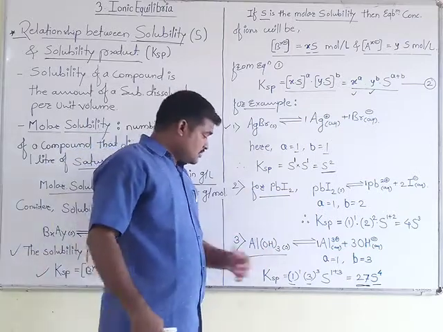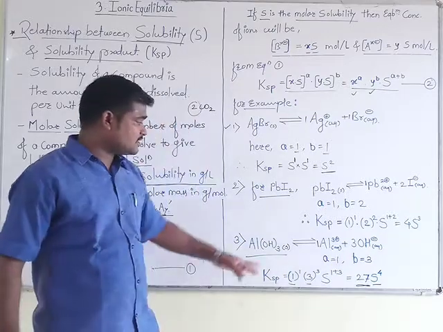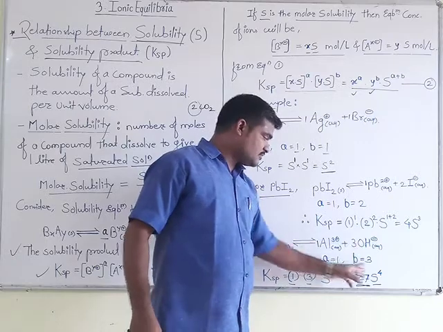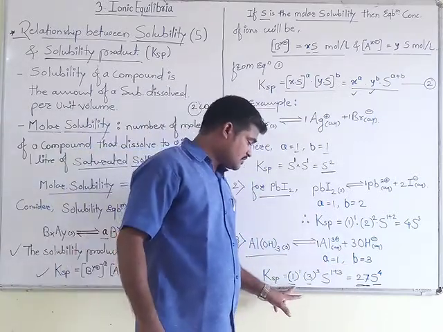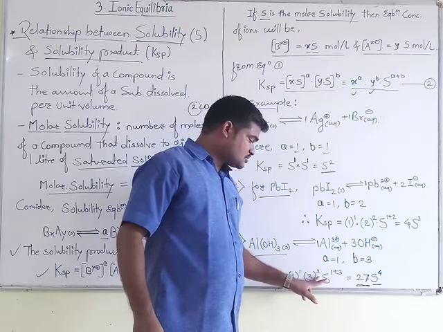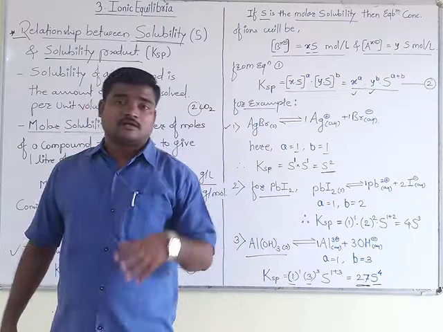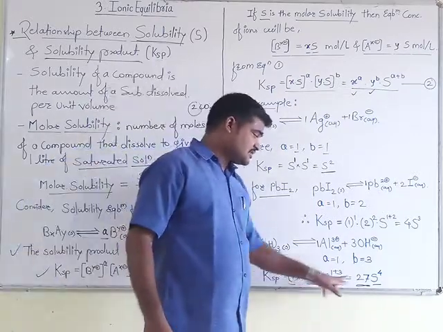Here we are moving to the next example, that is aluminum hydroxide. Here also we did the same thing. The coefficients a and b we have calculated, and after that we have calculated the Ksp term: 1 raised to 1, 3 raised to 3, and if we calculate the cube of 3, you will get 27.